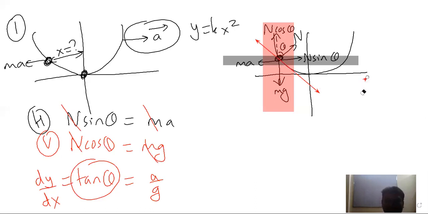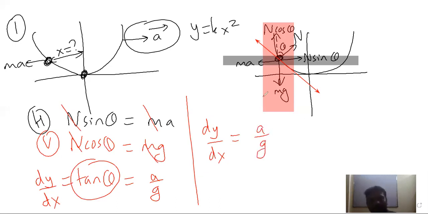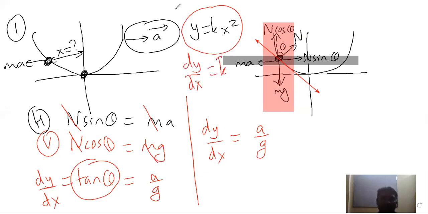So hence tan theta is dy by dx, and dy by dx comes out to be equal to a upon g. But we have y equal to kx square, so by using the formula of derivative, dy by dx is k into 2x. So dy by dx is 2kx.